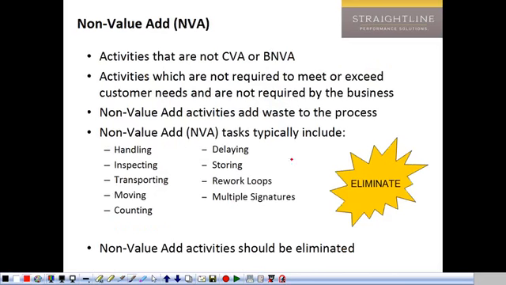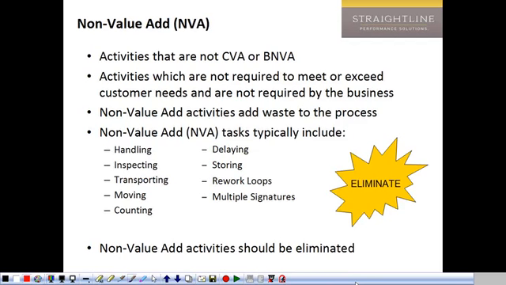Then finally, non-value added. These are anything that fit into the 7 deadly wastes or the 8th waste. Usually that doesn't add non-value added time, but at least not immediately. But these are simply things that are wastes. Some examples would be any handling, inspecting, transporting, moving, counting, delaying, storing, rework loops, getting multiple signatures.